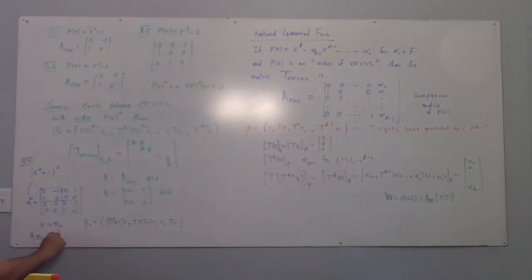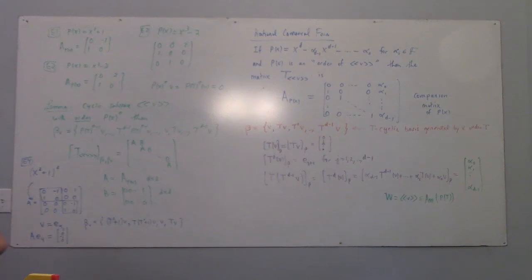A e4 is 1, 0, minus 1, 0, which is this.